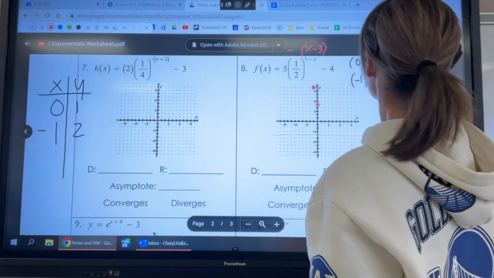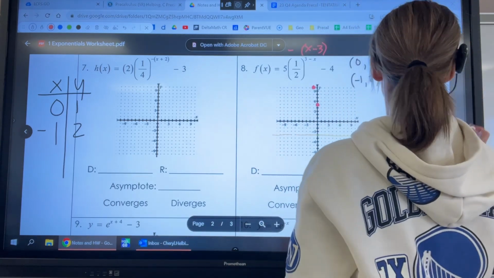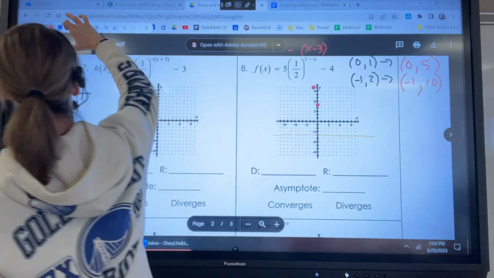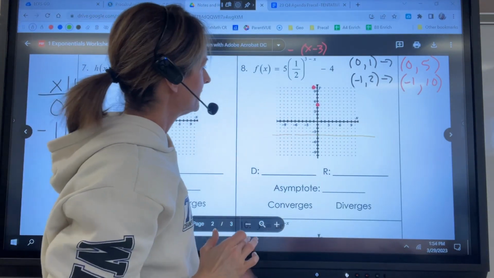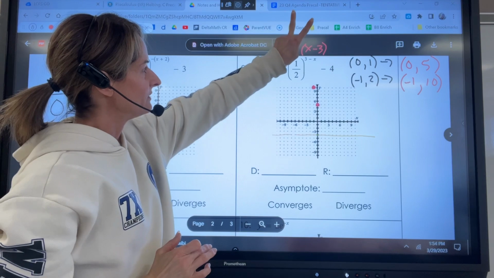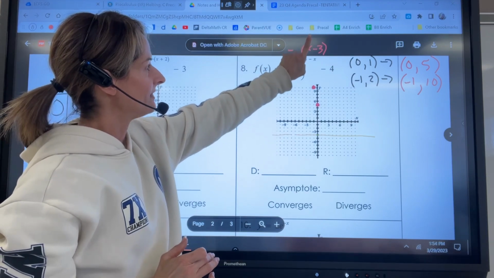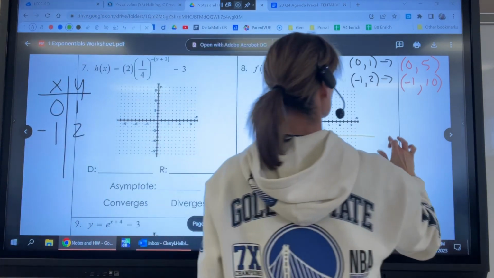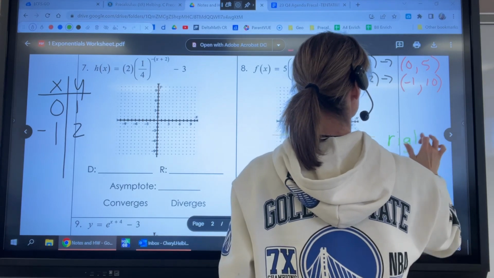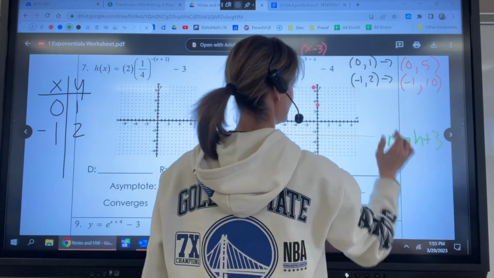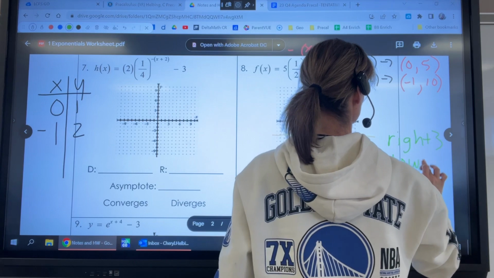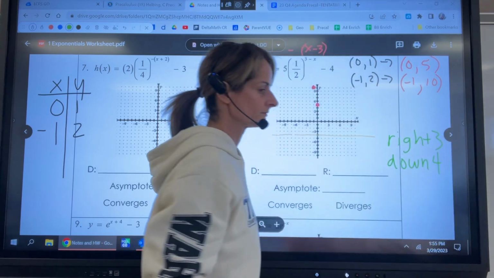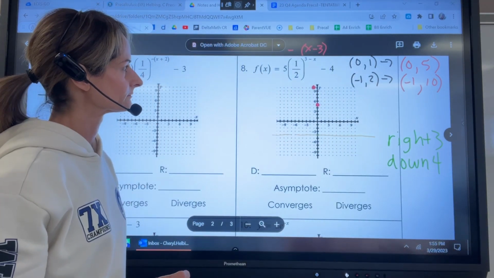So, all right, different color. We've already taken care of the a. All we have to do now is reflect over the y-axis, and then we're going to move it right 3 and then down 4. Good?